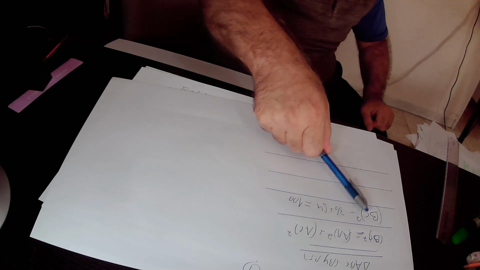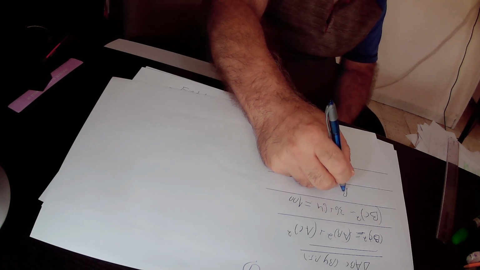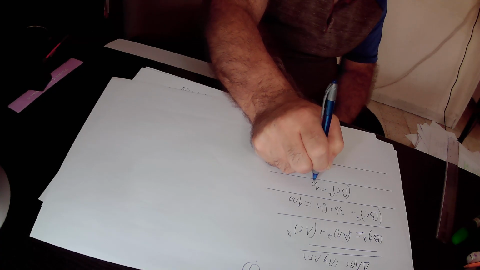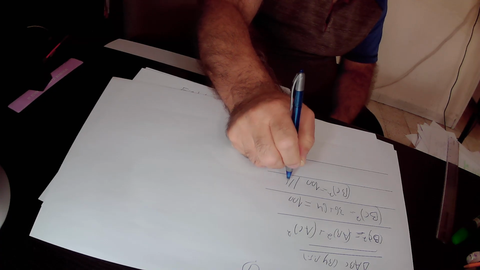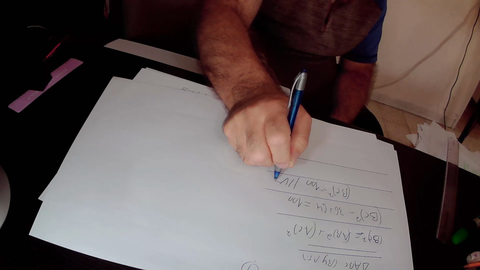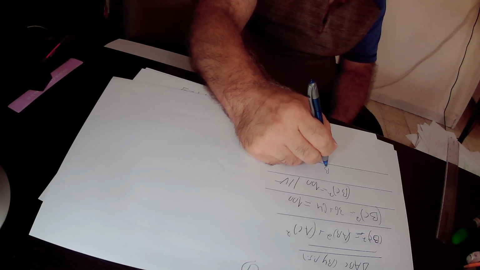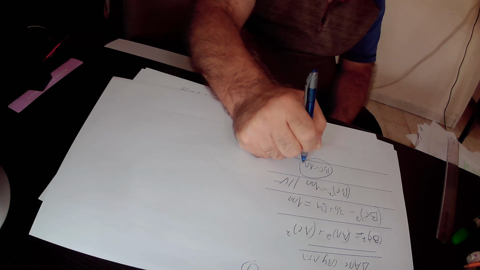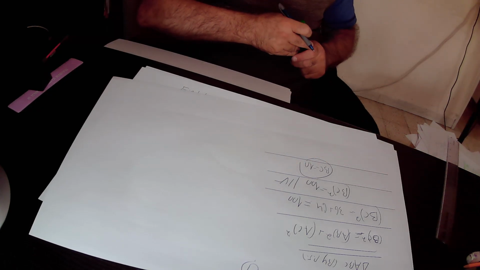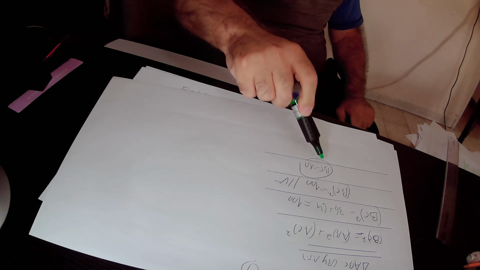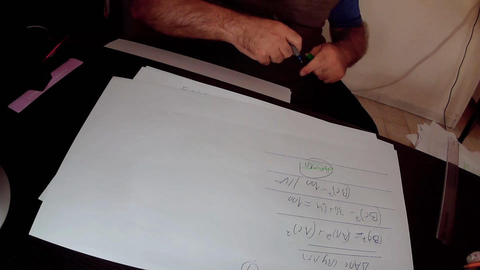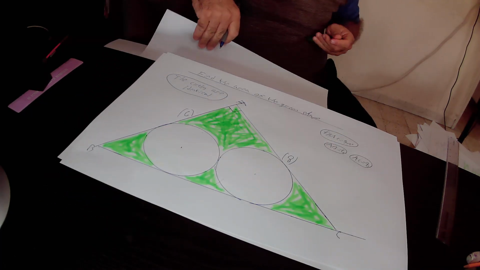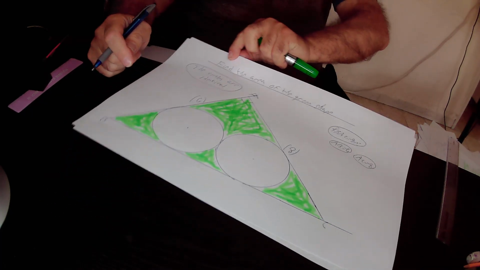So BC squared equals 100. Taking the square root of this equation, we find that BC equals the square root of 100, that is 10. So the length of the hypotenuse BC in the right triangle ABC is 10 units. BC equals 10.